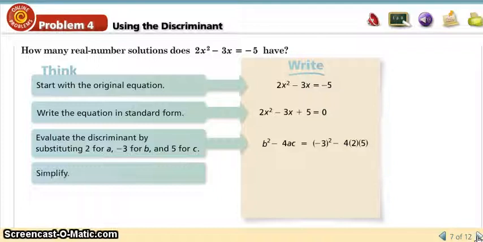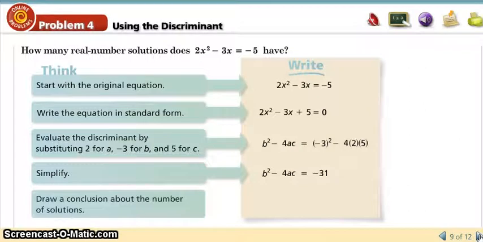Now simplify. The discriminant is -31. Okay, -3 squared, 4 times 2 times 5, and then you just subtract.